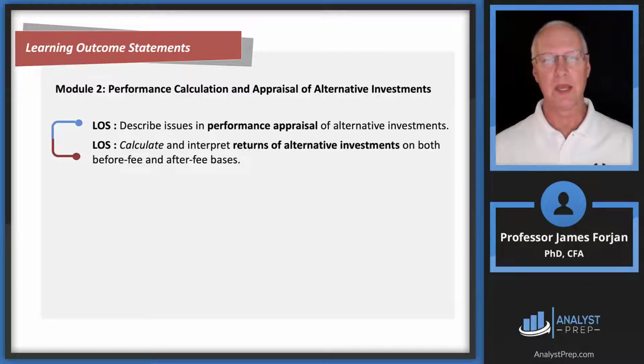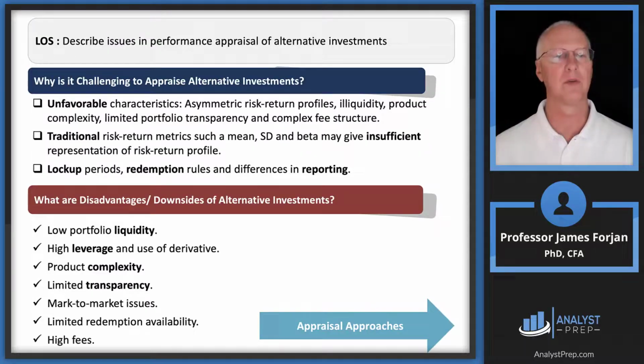And those unique characteristics, for example, generally low levels of liquidity, clawbacks, drawdowns, make performance appraisal in the alternative investment universe a little bit more challenging. They're not super difficult, but we need to pay attention to some of the details.